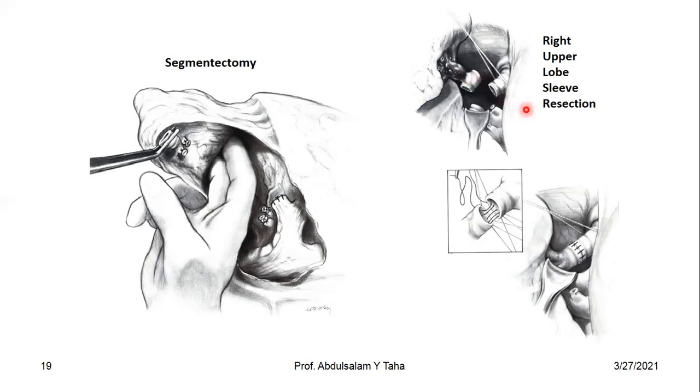What we have to do is what you call right upper lobe sleeve resection. So here, a sleeve of the right main stem bronchus has been removed, and the remaining right main stem bronchus is anastomosed to the bronchus intermedius. Okay, and in this way, we are going to avoid doing pneumonectomy.